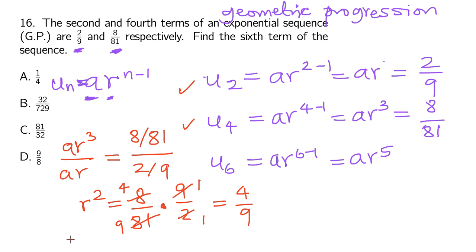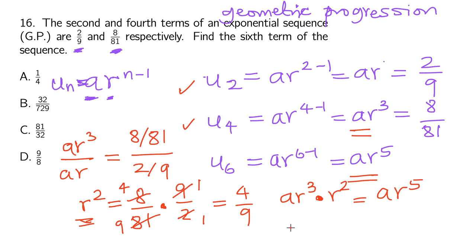Now, what I was saying was that we are looking for ar to the power 5, and we already have ar cubed. So if you multiply ar cubed by r squared, ar cubed times r squared equals ar to the power 5.